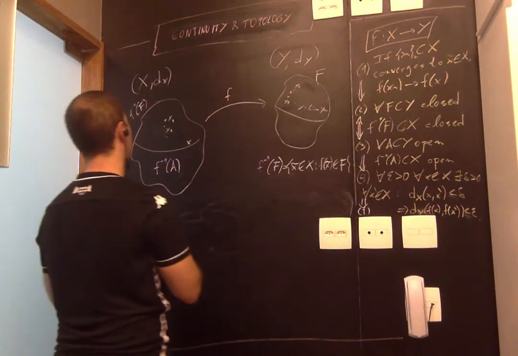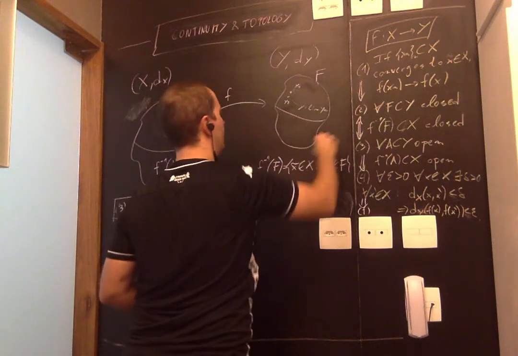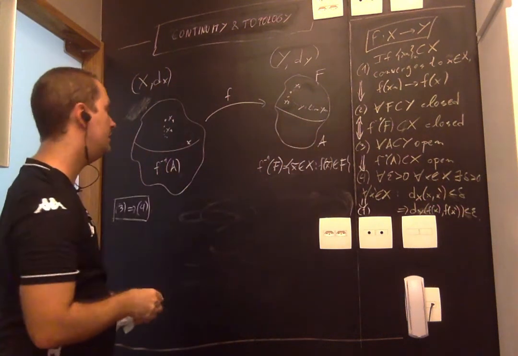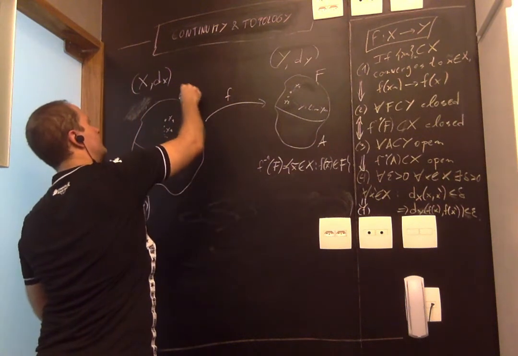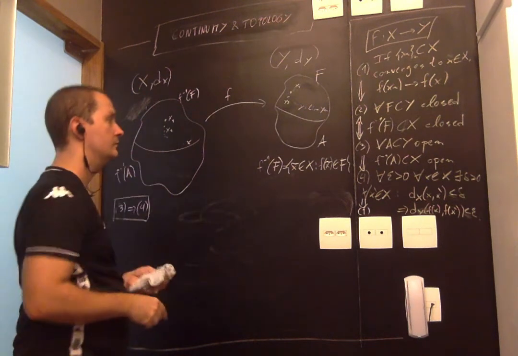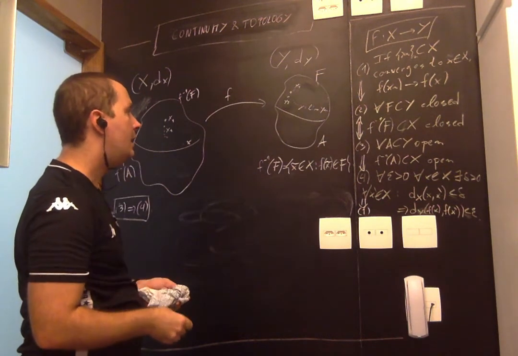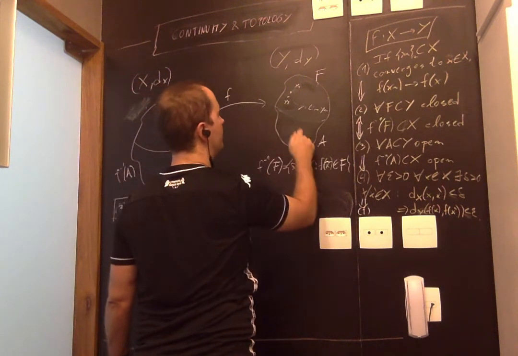So now I care about A. I have f and A, so this f minus 1 of A. Let me move this outside. This is f minus 1 of f minus 1 of A. I'm actually going to change the picture a little bit over here.